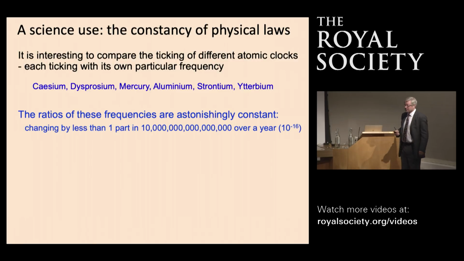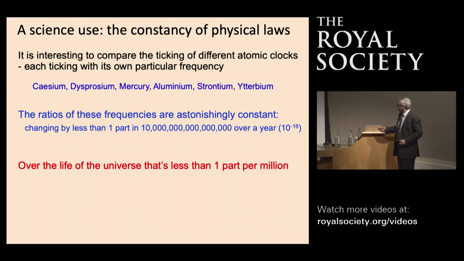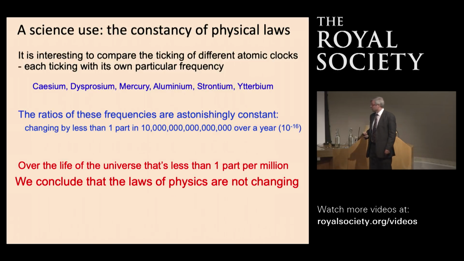In fact, a better way to think about it is, these experiments have been done over the last 10 or 20 years. But if I imagine that there is a change and it's happening steadily over the whole lifetime of the universe, it would mean still that the laws of physics have not changed by more than 1 part in a million since the beginning of the universe. So we conclude that the laws of physics are not changing.